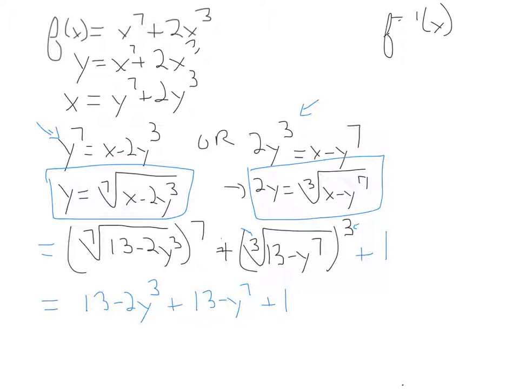And so at this point, we can actually add up our like terms. 13 plus 13 plus 1 is 27. And it looks like I have minus 2y cubed minus y to the 7th left over. And I still need to go back and find an answer for those guys to substitute back in so that I can get a final answer.